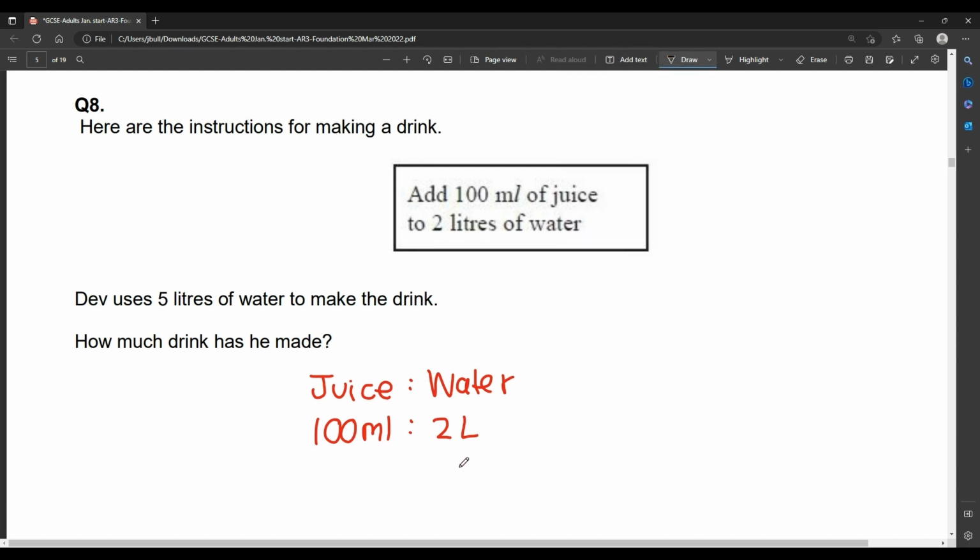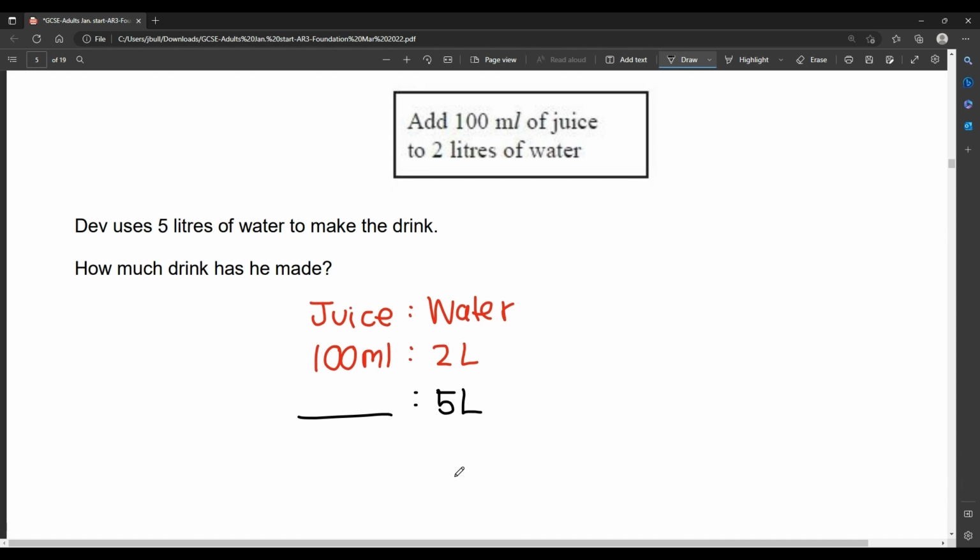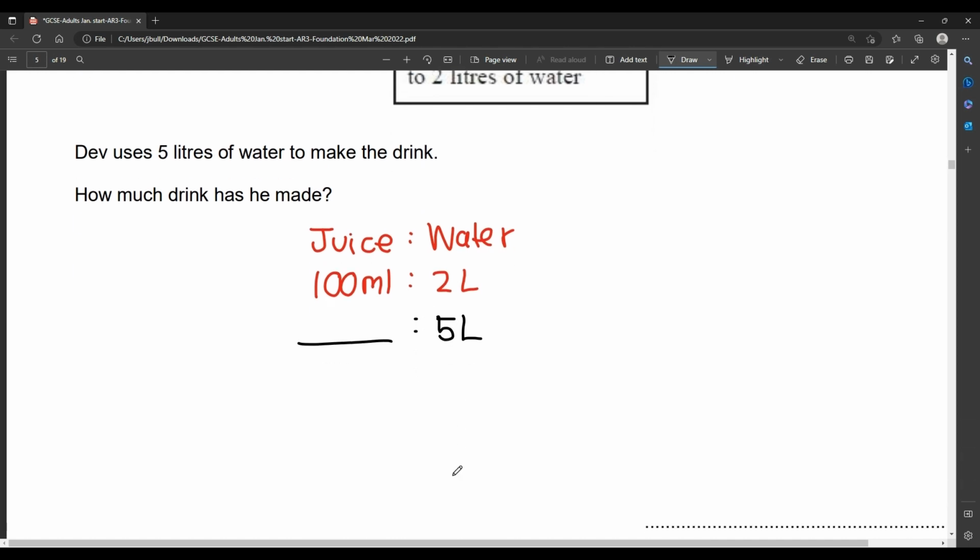So Dev uses 5 liters of water to make the drink. We want to know how much juice he needs for that drink, and then how much liquid in total he would have. So with ratio, how it works is we always see what did I do to the side that I do know. So I've got both values here, and we need to figure out what did I times or divide this one by.